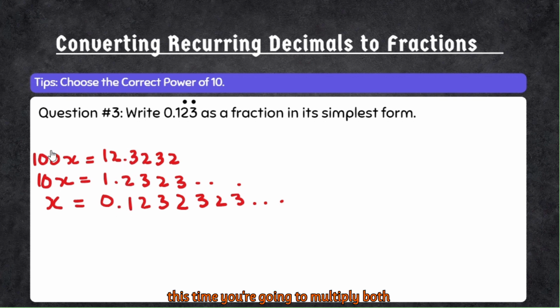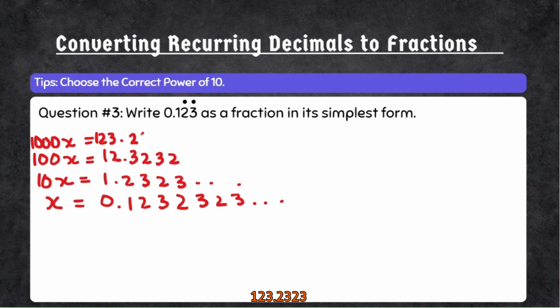So this time we're going to multiply both sides by 1000, and 1000x would be 123.2323 and so on. Now this one matches with this one, because both of them after the decimal point have the digit 2 and then 3, and then 2 and then 3, and so on.